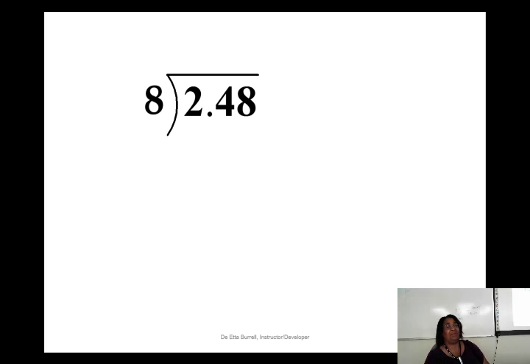So you need to know that that means division. I will bring that decimal straight up because I already have a whole number. And the reason I know I have a whole number is because the whole number 8, if I figure out where the decimal is, it's at the very end of that 8. And it needs to be at the end in order to be a whole number.